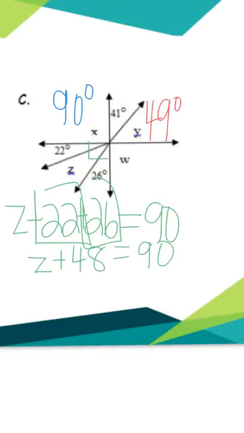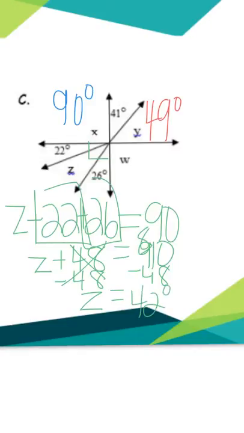Now we can get rid of the 48 by subtracting 48 from both sides. That leaves us with Z. We have a positive and a negative, so we subtract. 90 minus 48 is 42 degrees. So Z is 42 degrees.